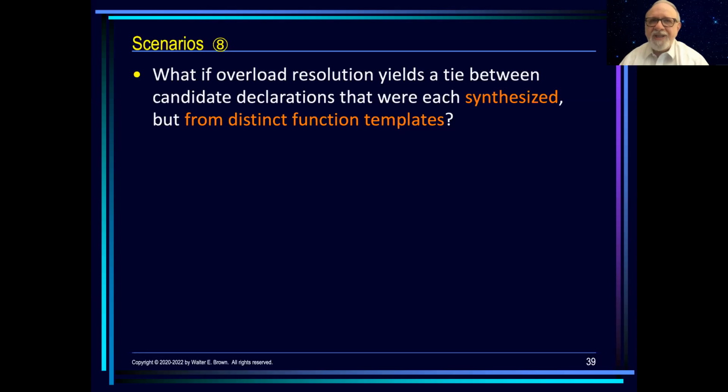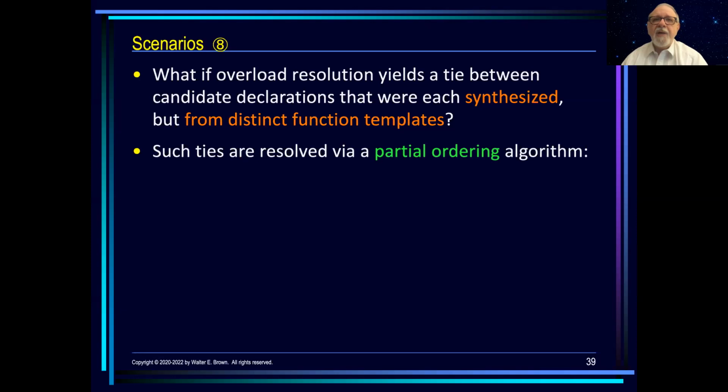But there's one more step. Some people consider this part of overload resolution, and some people say, no, it's a post-processing step, but it doesn't matter. It comes into play in exactly this situation. It's known as partial ordering.